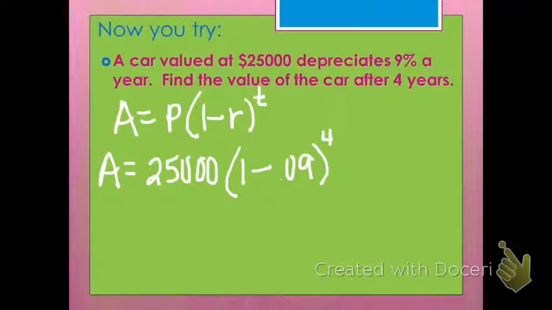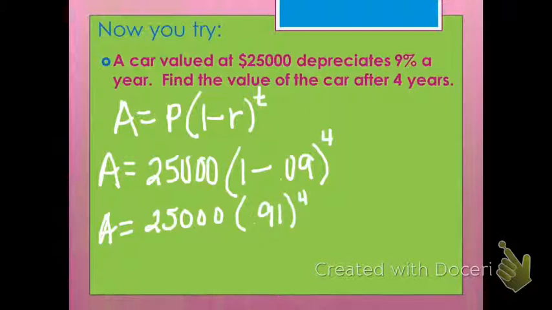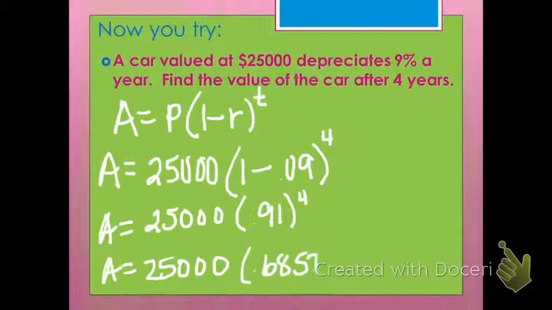So the first thing I will do, using the order of operations again, we would take 25,000. In parentheses, 1 minus 0.09 would give you 0.91 to the 4th power. Again, order of operations tells us to do the exponent, and 0.91 to the 4th power is 0.6857.